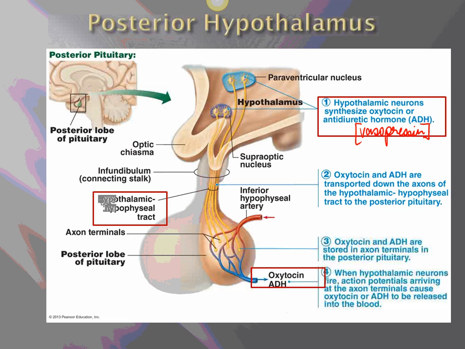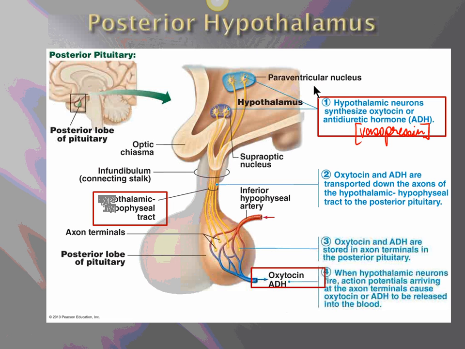Okay? So this is produced in the posterior hypothalamus by these neurons. It travels down their axons, and these axons connect to the posterior pituitary. If you remember again from ANP1, when you have lots of axons grouped together, you call such a structure a tract.